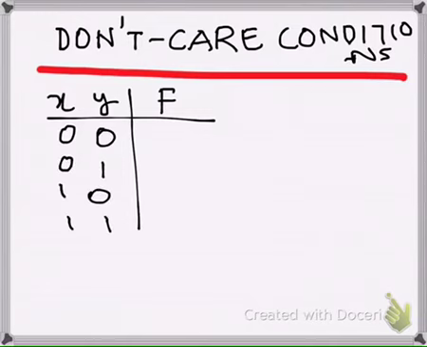Now I know that for some combinations of the input variables I get a 1, and for some others I get a 0. But it may also happen in certain cases that I have the value 1, I have the value 0, but for some combination of the values of the variables, like say for x and y, I don't have any value specified here.